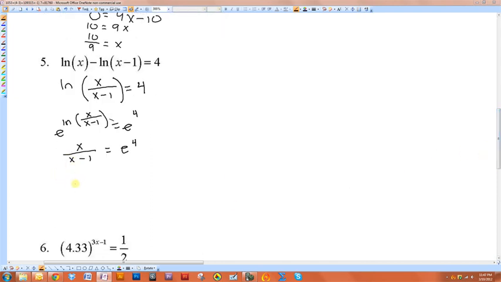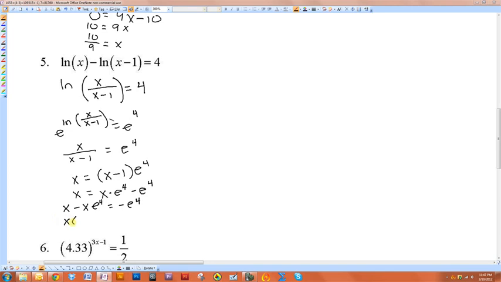Okay, so that means x is equal to x minus 1 times e to the 4th. Distribute the e to the 4th, so x is equal to x times e to the 4th minus e to the 4th. Okay, I want to get the x over here, so x minus x e to the 4th equals negative e to the 4th.